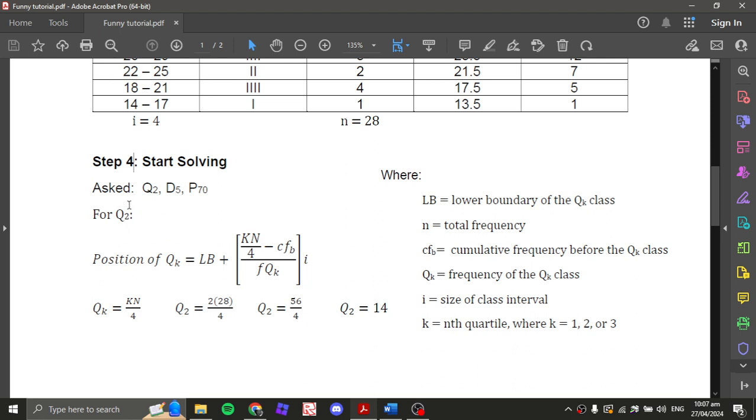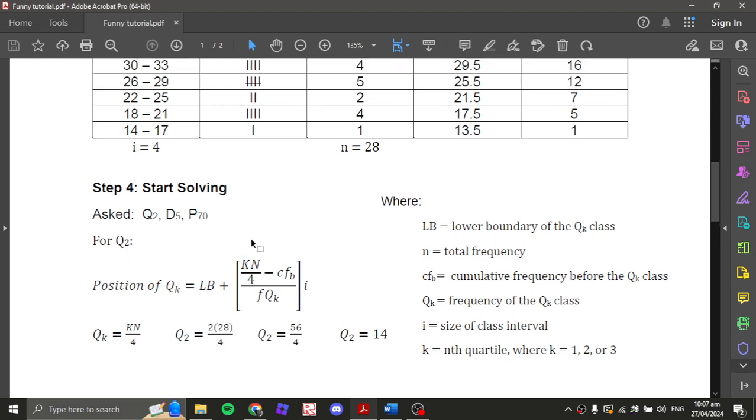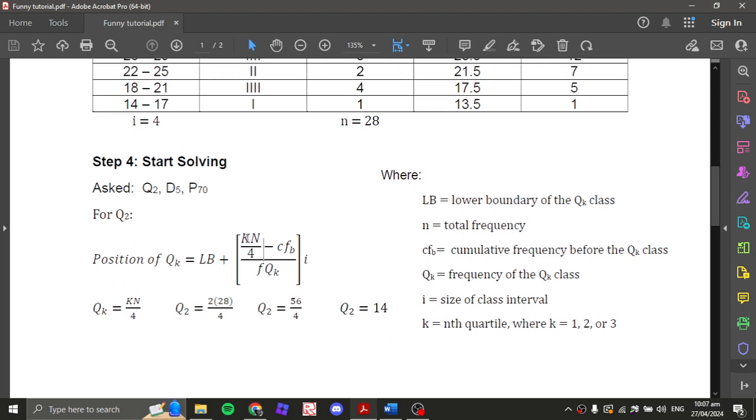So for Q2, we will first have to identify which class we are going to use for our formula for our position. So we have to first get the value for k times n over 4. Now if you're solving for D, for deciles, it's kn over 10 because you divide it by 10.